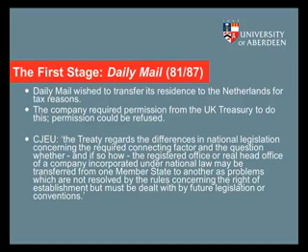So Daily Mail wished to embark on a de facto transfer of its seat. So this is de facto mobility we're dealing with here, without de jure mobility. Daily Mail did not wish to change its governing law.